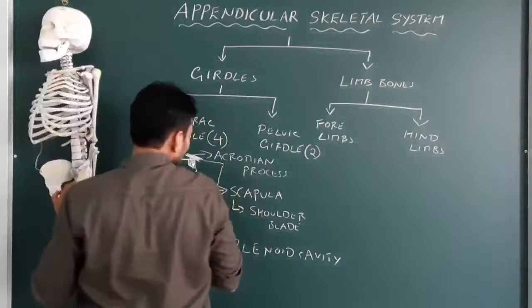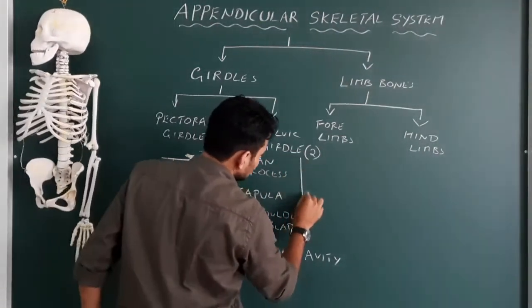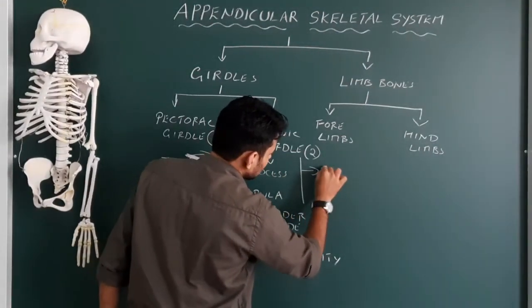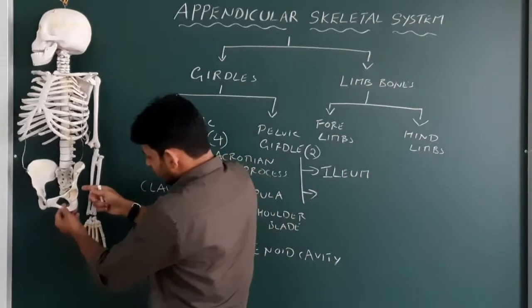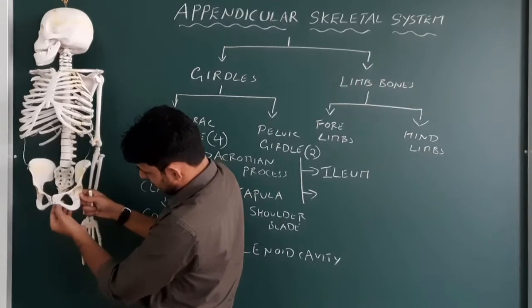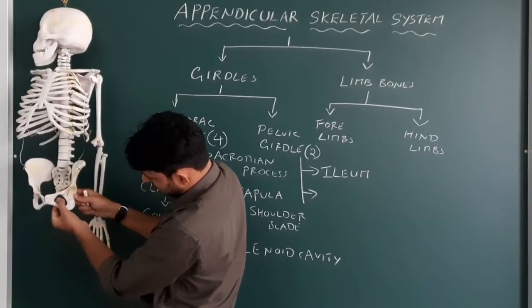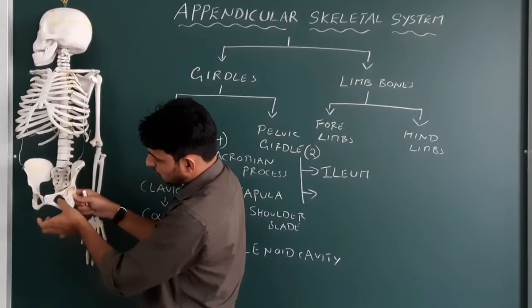Let me write the pelvic girdle. Let me write here the first portion which is quite large, which is called the ilium, and just below it, you could see a hole here. This hole is called the obturator foramen.